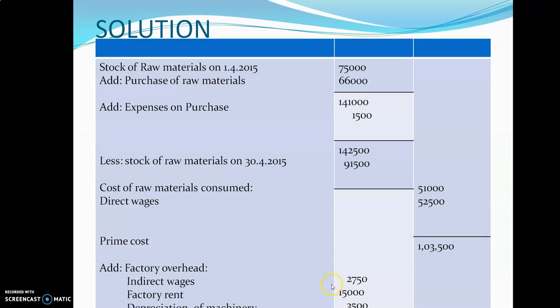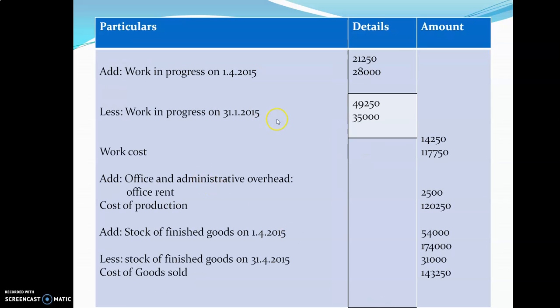So factory overhead we have written indirect wages, factory rent 15,000, then depreciation on machinery 3,500. So these are the main factory overhead, the main factory expenses. So these three we have done. Then we will get this much, 21,250.